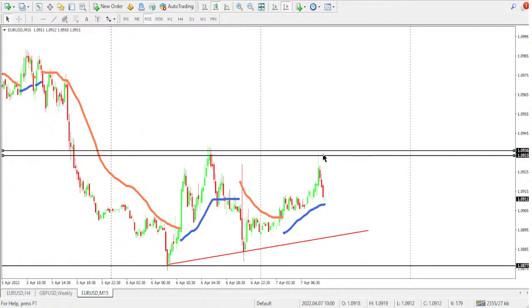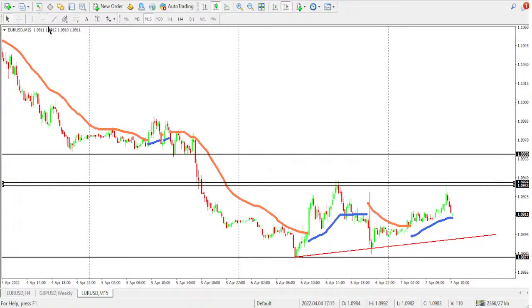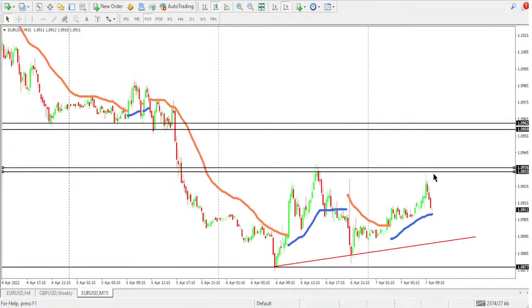But if the price should break above this level, these two lines, then we expect buyers to push price to the upper side, at least up to this level here. So this is still a good level. We have another one here, have another one there, have a trend line there, and then have another one there.